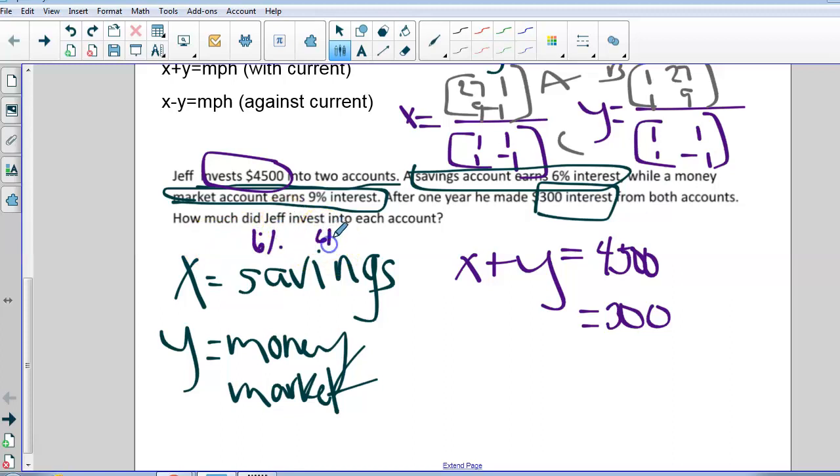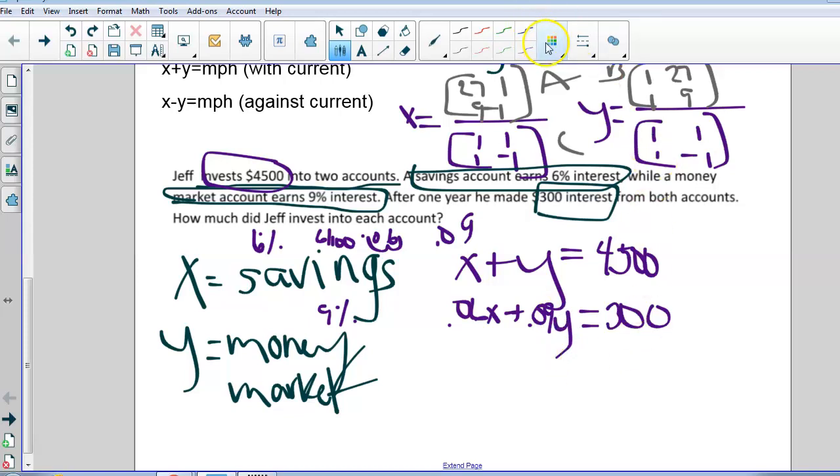You change it to a decimal by dividing by 100 or moving your decimal place 2 places to the left. So that gets me 0.06 times X. That gets me how much money is earned in interest on the savings account, plus 9% as a decimal is 0.09. So plus 0.09 times Y.